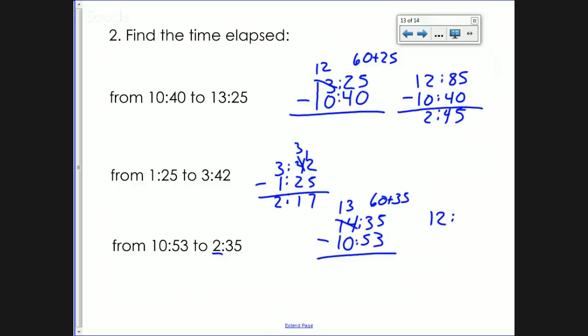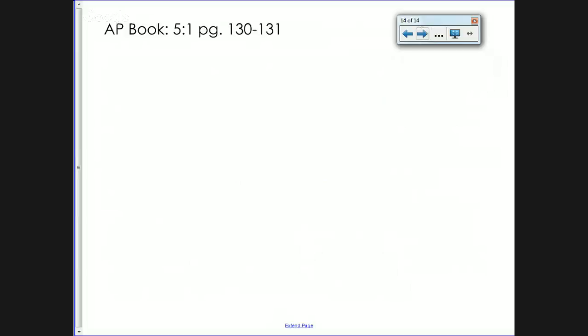So we rewrite it as 13:95 this time, take away 10:53, which we are able to do. And the answer should be 3:42. And that's the end of our lesson.